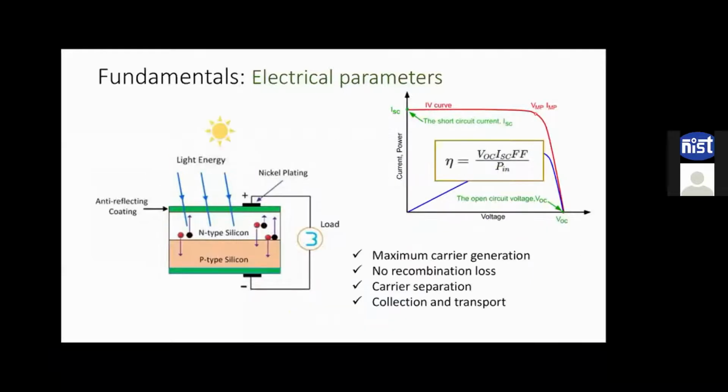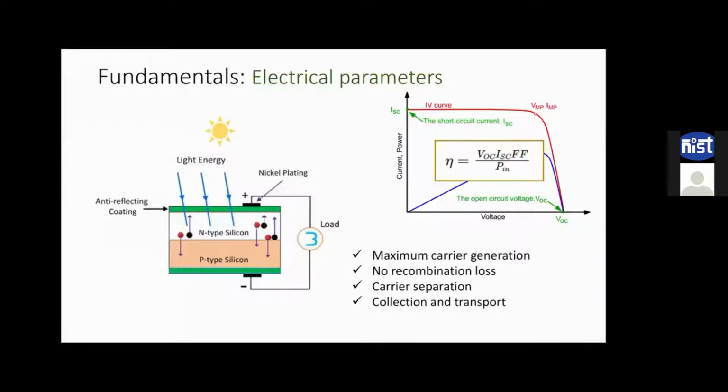Now let us see if you can set a one-to-one correspondence between the physical processes happening inside the solar cell structure and the electrical parameters that we have just talked about. If you can manage maximum carrier generation inside your semiconductor absorber, that means you are enhancing the short circuit current.